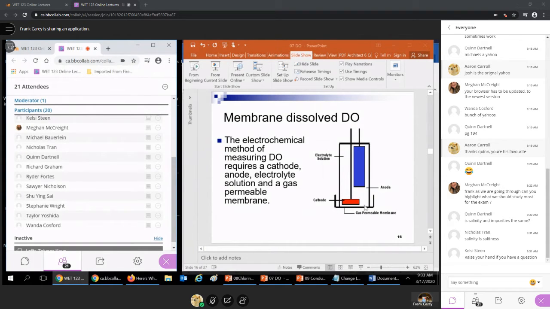And there's an electrochemical process involving an anode and cathode that react with the oxygen molecules and produce either a voltage or reduces the anode cathodes and takes a voltage.